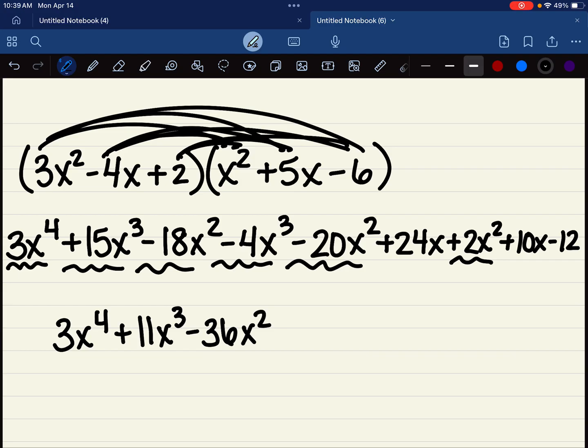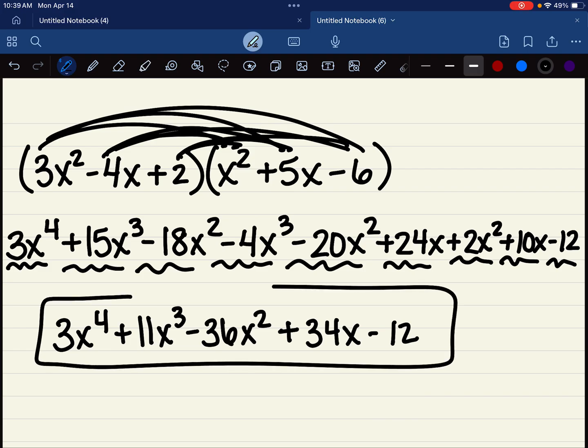All right. Caden, do you see what I should add next? 24x and 10x, which would give you what? 34x. Okay? And then don't forget to bring down your minus 12. Okay? All right. We feel good about this? Yep.